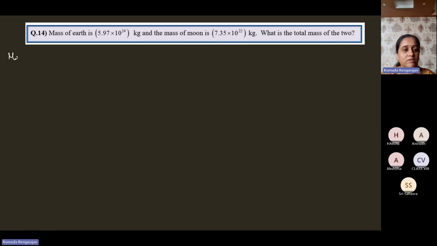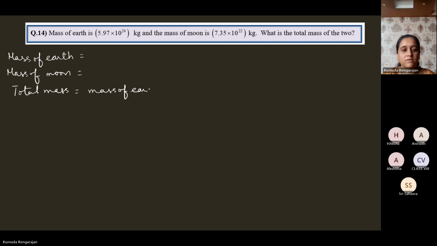Write these statements: mass of Earth is equal to, then mass of Moon is equal to, then total mass is equal to mass of Earth plus mass of Moon.